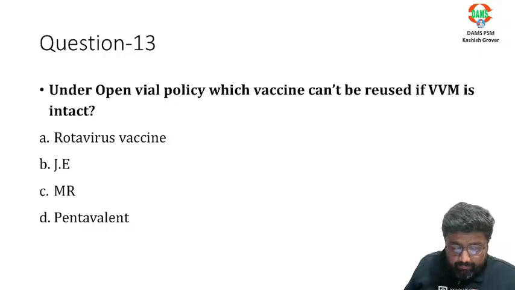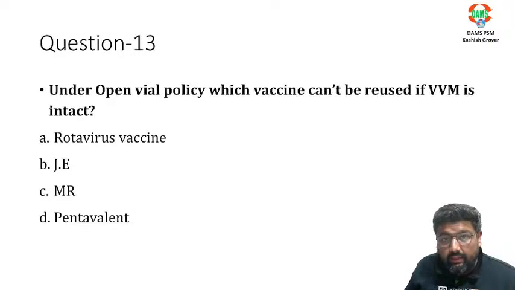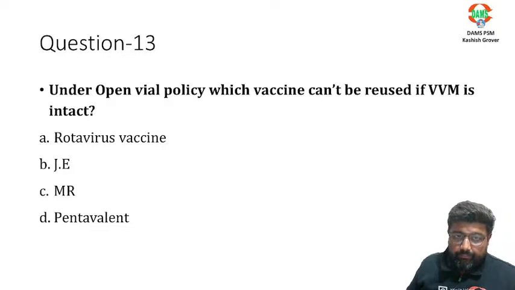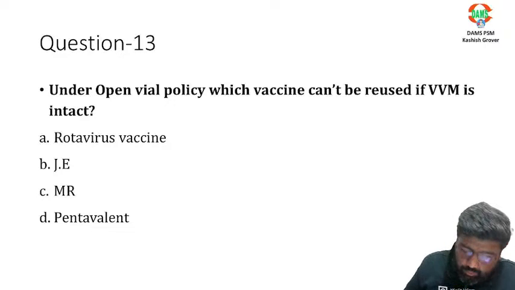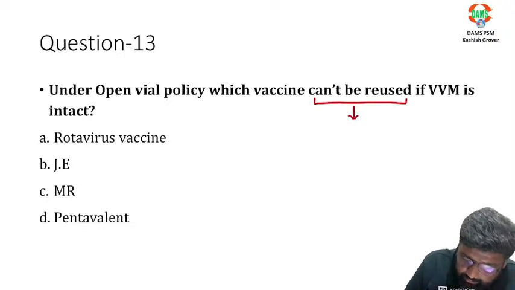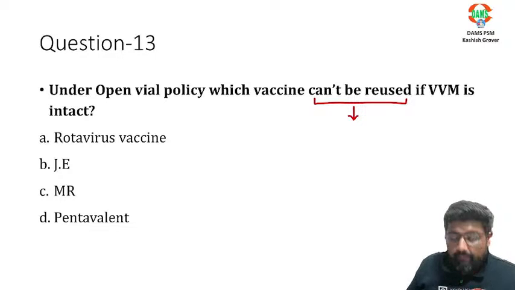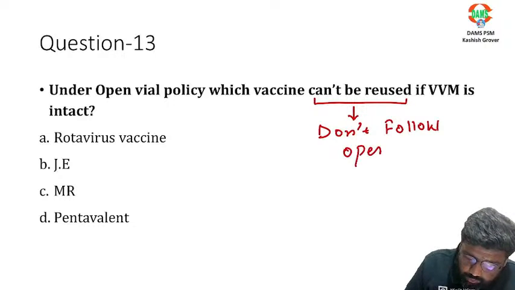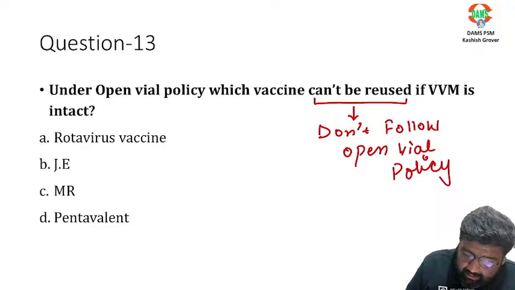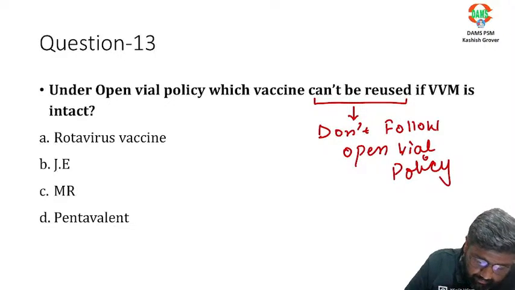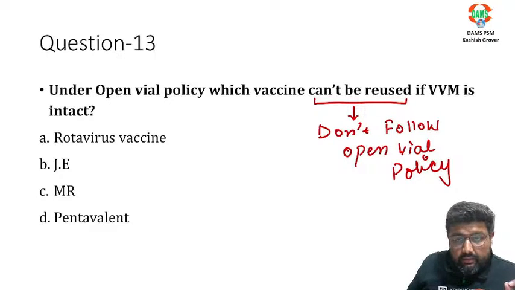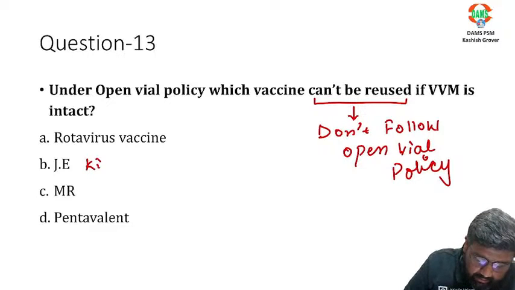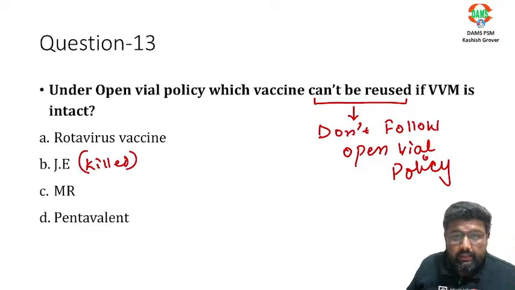Under open vial policy, which vaccine cannot be reused if VVM is intact? Which vaccine cannot be reused? Or in another way they ask you which do not follow open vial policy. Recently rotavirus and JE, because recently JE killed is used in majority, right?